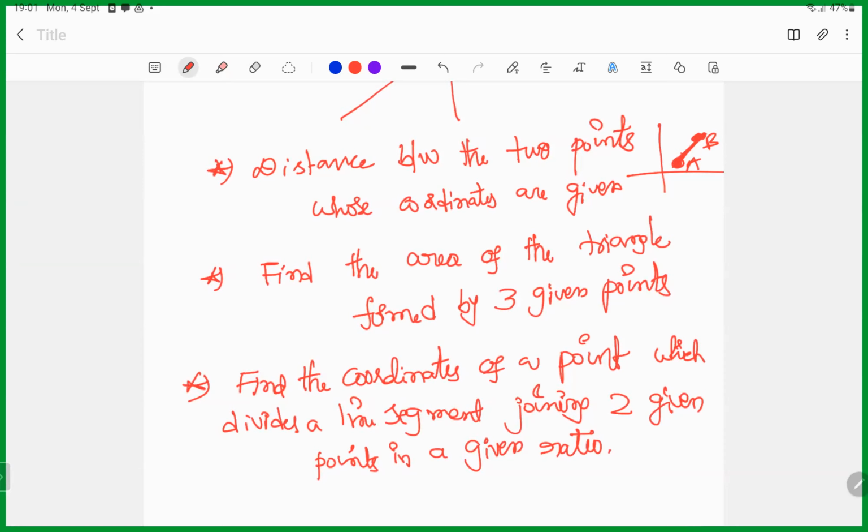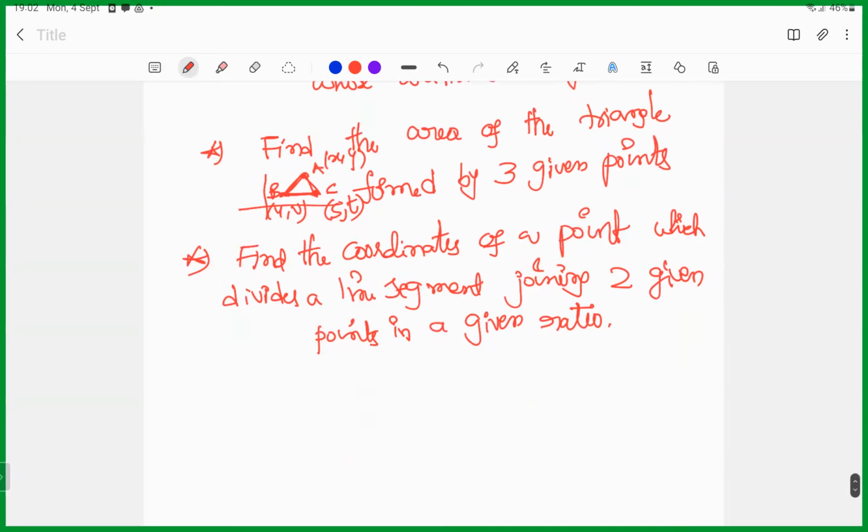Second thing is 3 points are given, A, B, C. Then we find out the area. Let's say A is equal to x comma y, B equal to u comma v, C equal to some s comma t. Then we find out the area formed by these 3 points of the triangle.